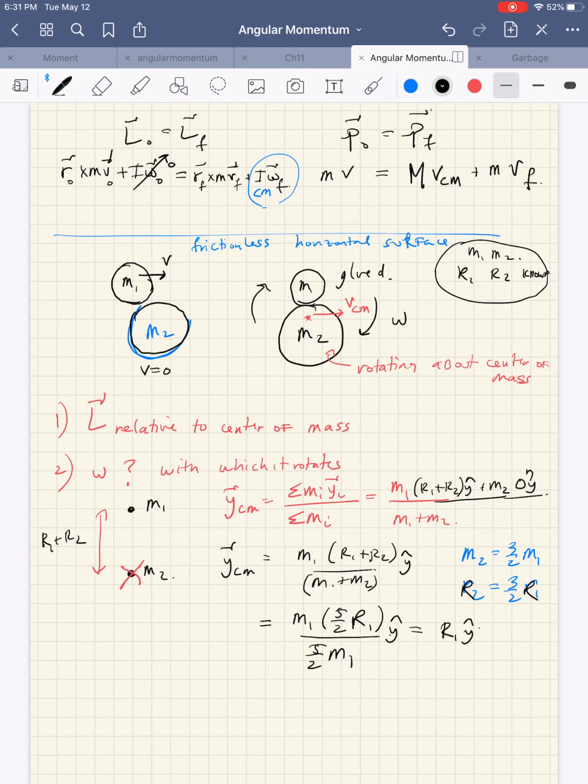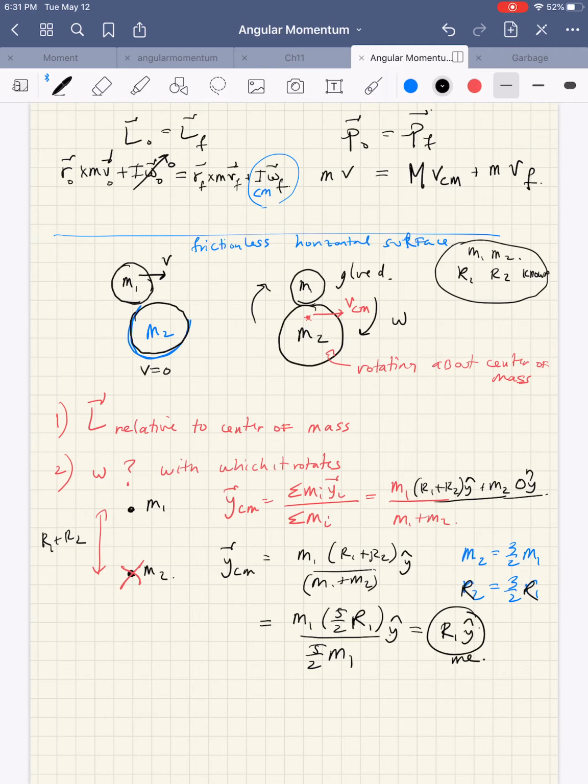Also, clearly R2 is greater than R1, so if this is R2, I'm at some point right before it, R1 away from the center of this thing. So the center of mass, for me, because of these relationships, was exactly R1 in the y hat. You probably don't have that, so you might have to plug those numbers in, but this was true for my values.